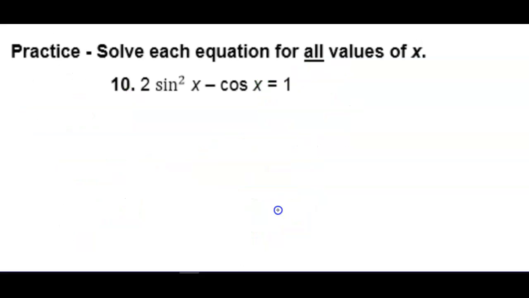All right. This is a tricky one because you have to trade out a trig identity here. You can't get rid of cosine, but you can trade this for a 1 minus, so sine squared plus cosine squared equals 1. So sine squared would be 1 minus cosine squared.